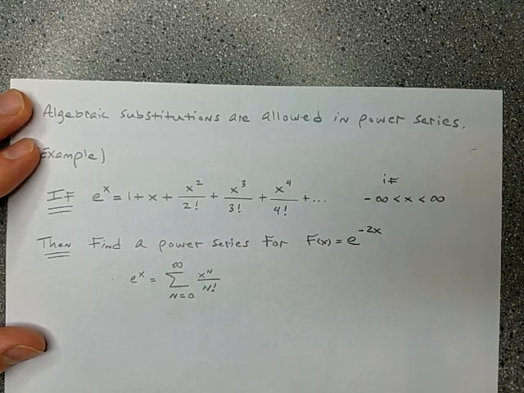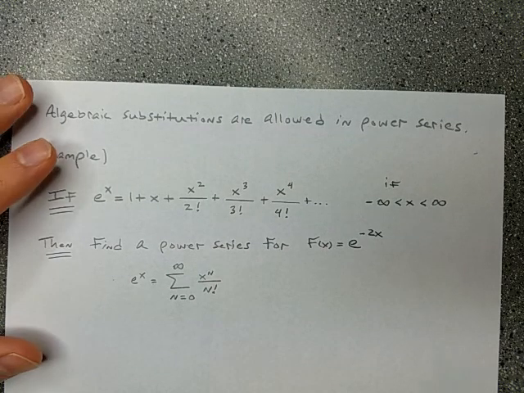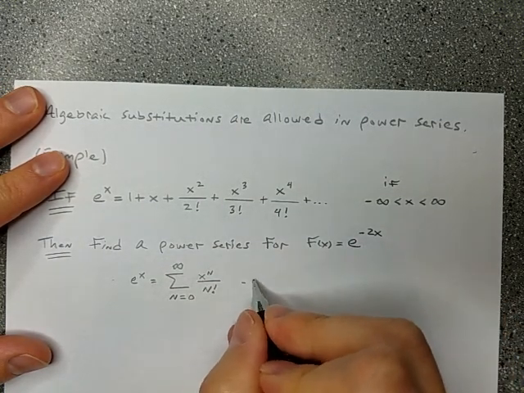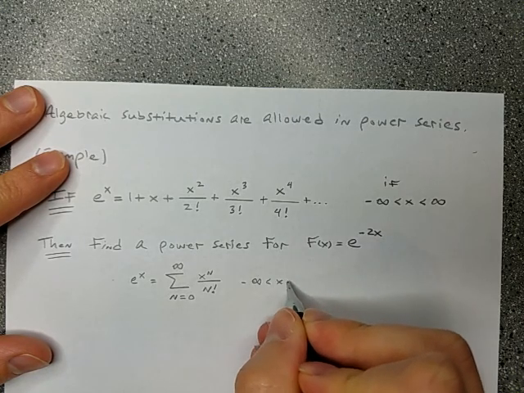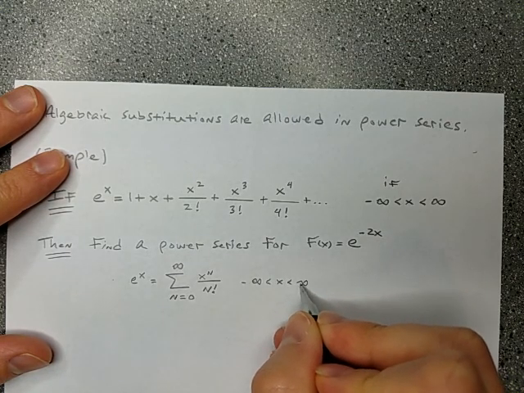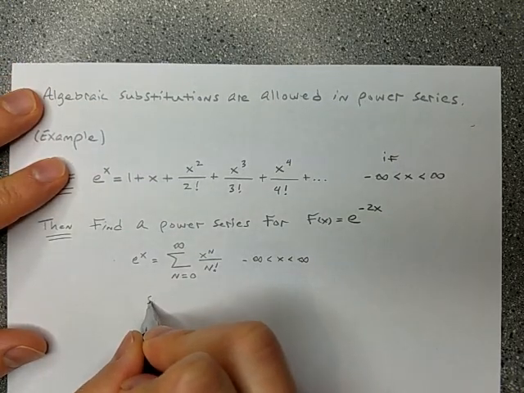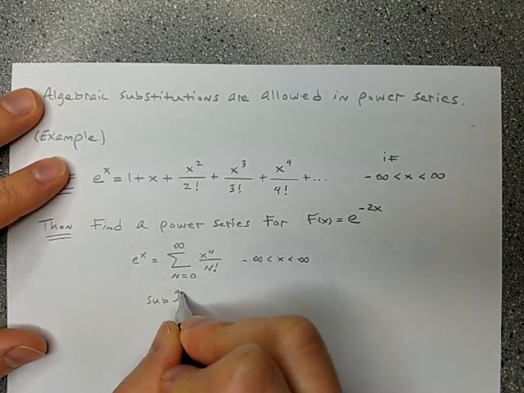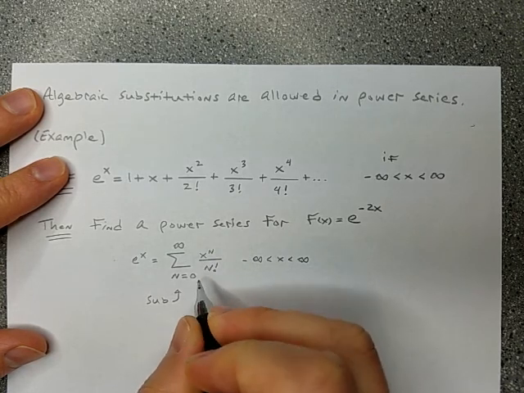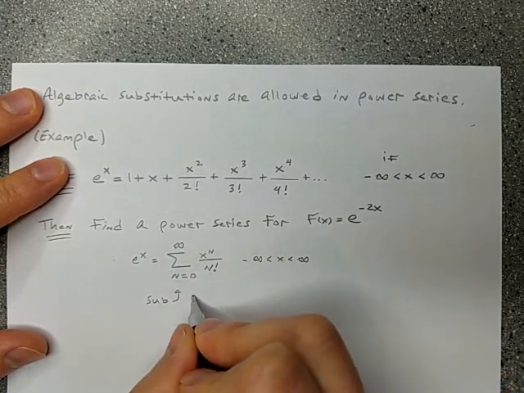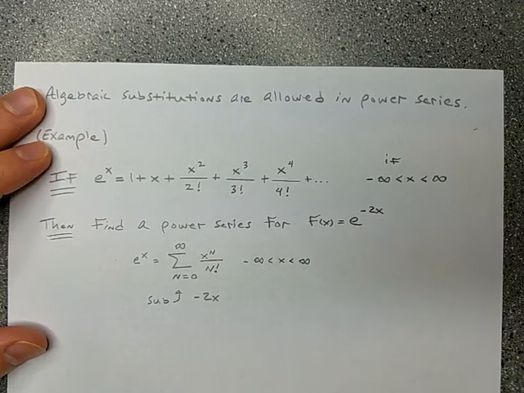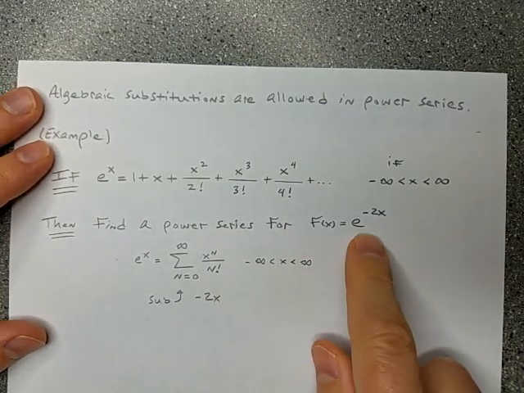And that's true for negative infinity less than x less than infinity. In other words, it's true for all values of x. All I need to do is take that statement and substitute negative 2x in place of x.